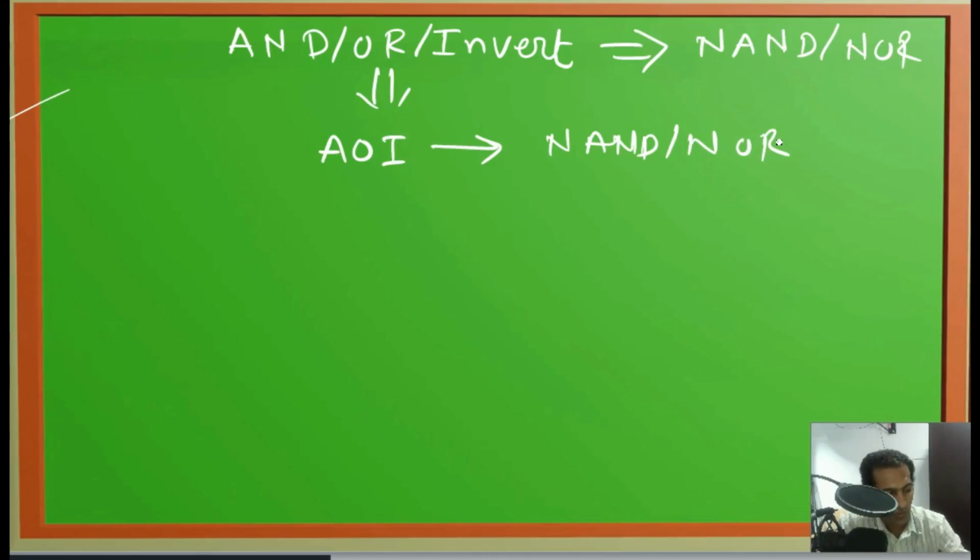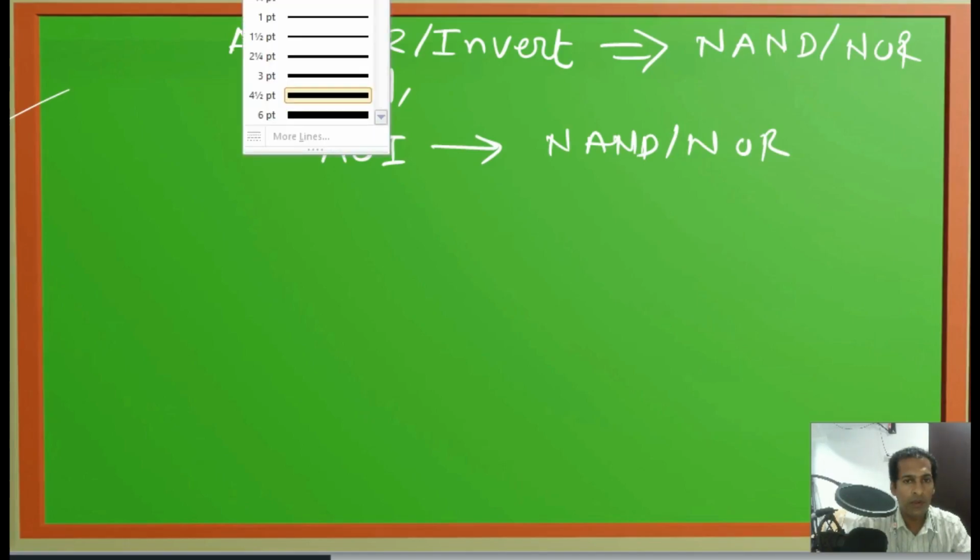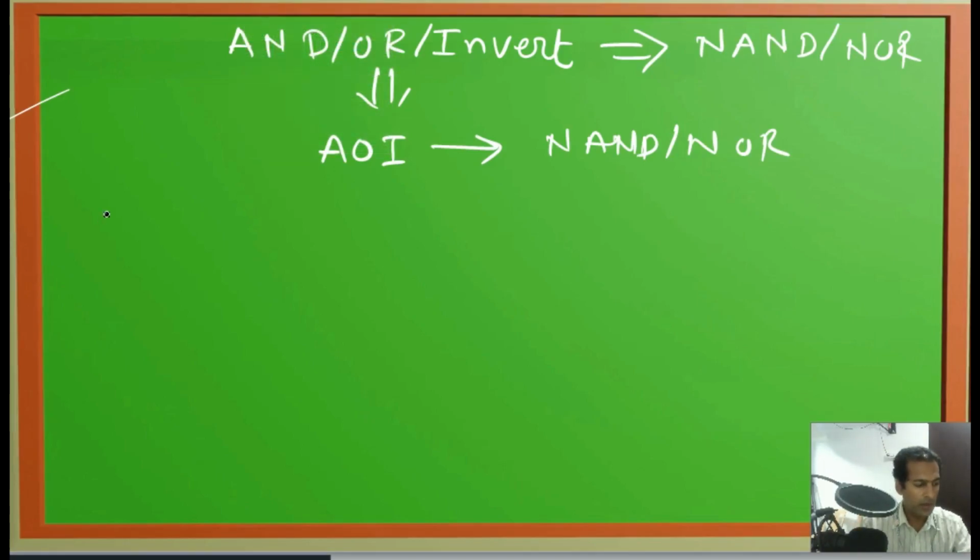In the realization of a Boolean expression, the variable and its complement are assumed to be available. For example, take the SOP expression ABC plus AB bar plus A bar BC, which can be implemented in AND-OR logic.